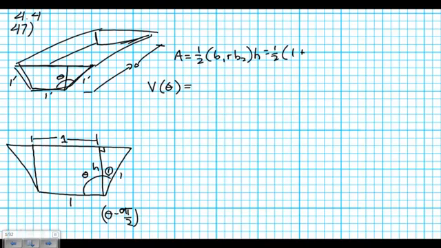And since I have an adjacent and a hypotenuse, let's call it cosine. It is the adjacent leg over the hypotenuse. So it looks like H is cosine of theta minus pi over 2. I'm going to put that way down at the end.